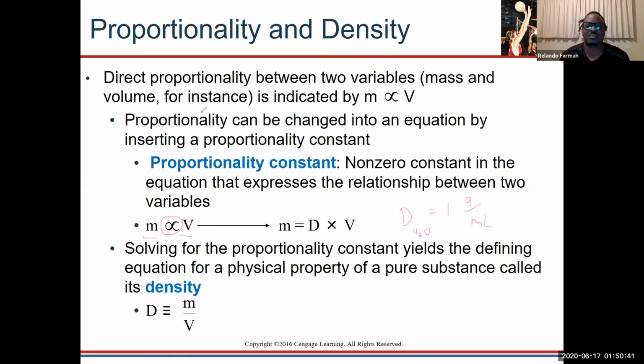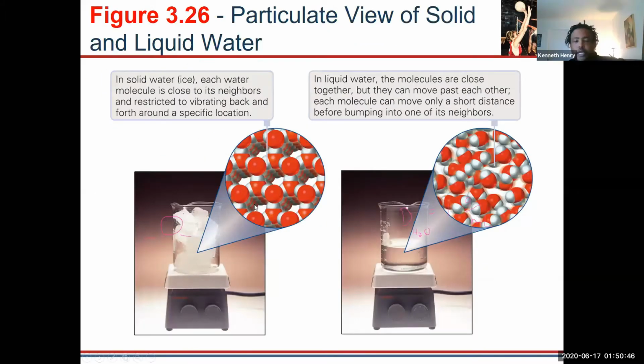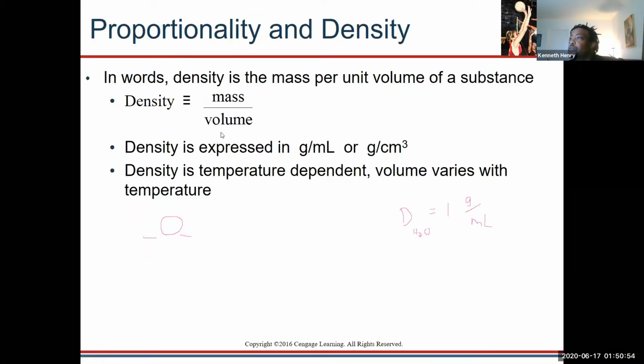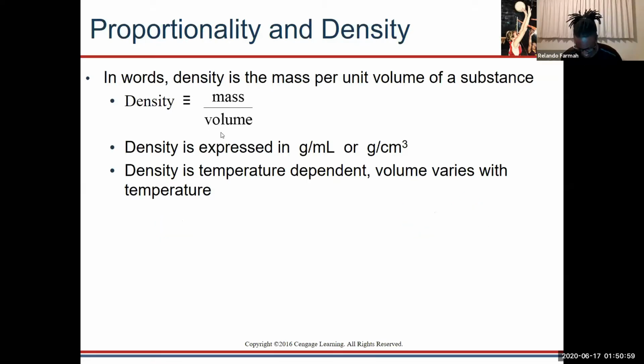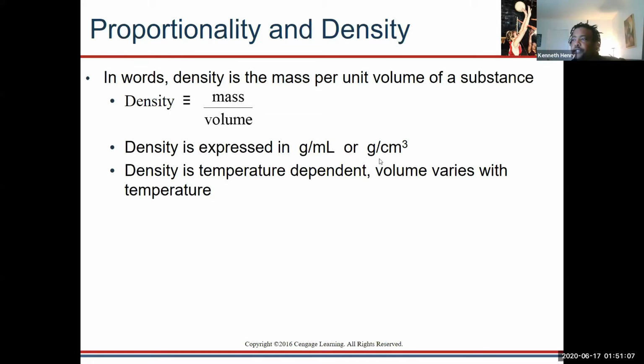Okay, so let's work with that. And this is just basically telling you what I just told you. And so we'll see density is most commonly expressed in grams per milliliter or grams per cubic centimeter.